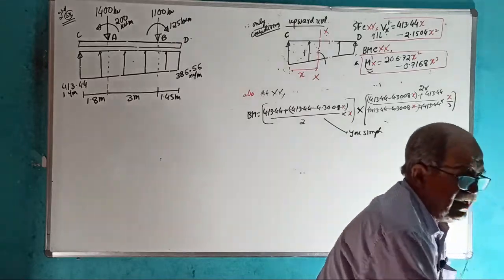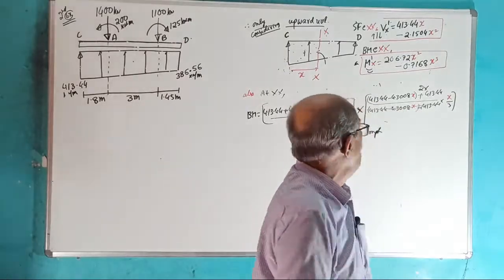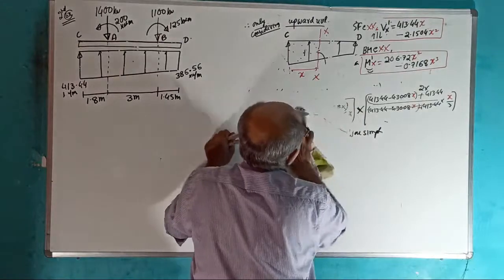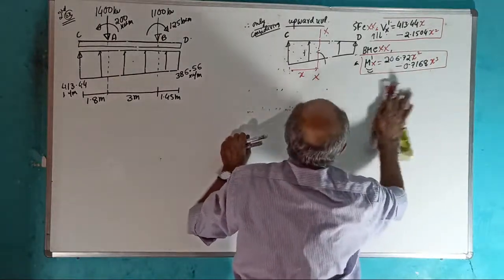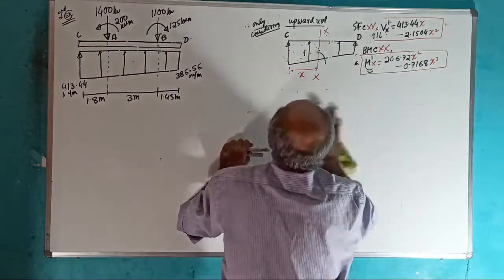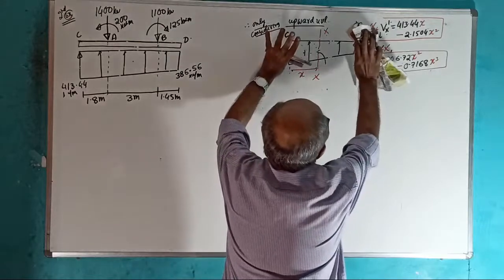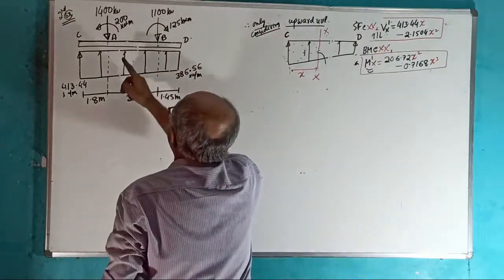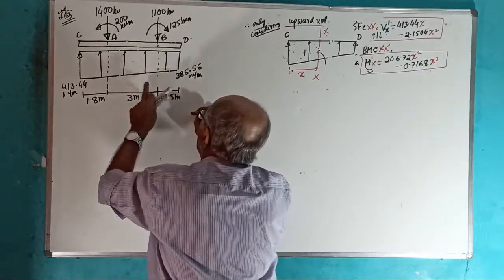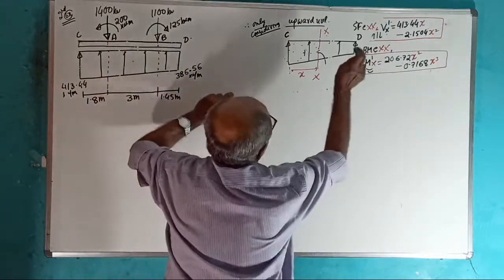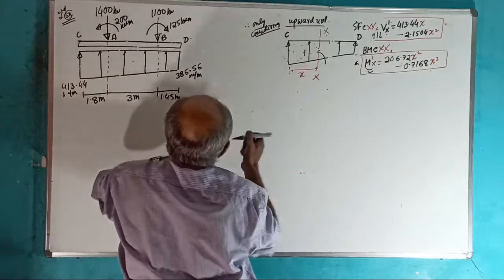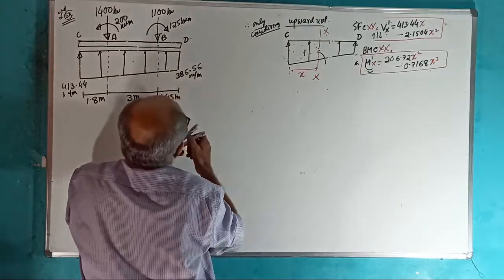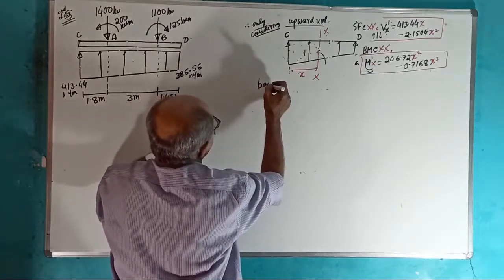But remember, you should do those things only if you have a solid grip. With half grip you should not do such things. Now this will remain there for some time. Wherever you want shear force and bending moment due to the upward UVL, refer to this expression. Over. Now come back to the original.